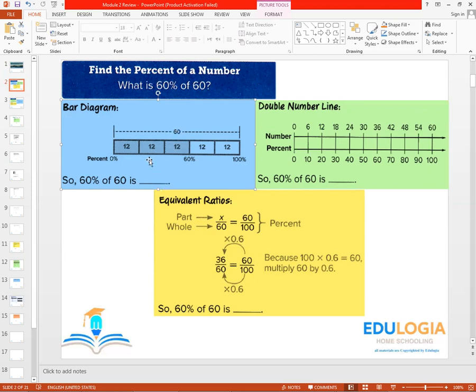As you see here, 3 parts represent 60%. 3 parts represent 36 of the whole number. Also, I can use a double number line. As you see here, we have the percent down. I count 0, 10, 20 till 100, and the above numbers from 0 to 60, the whole number.